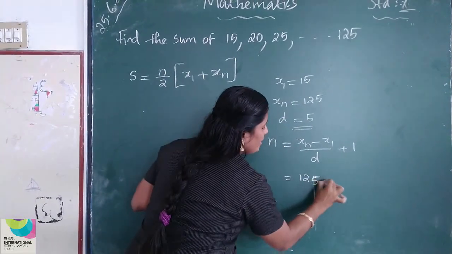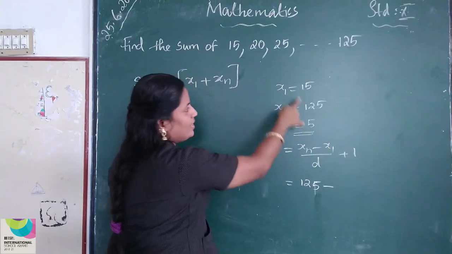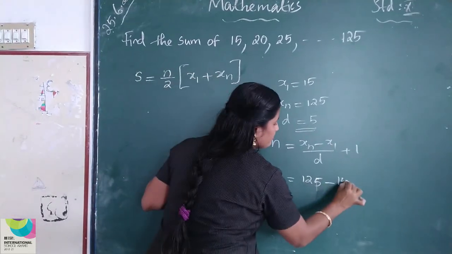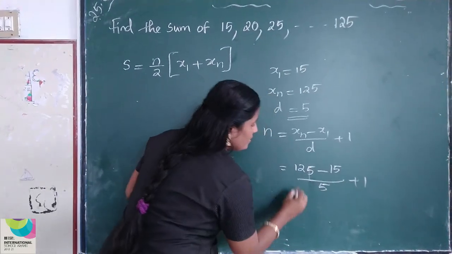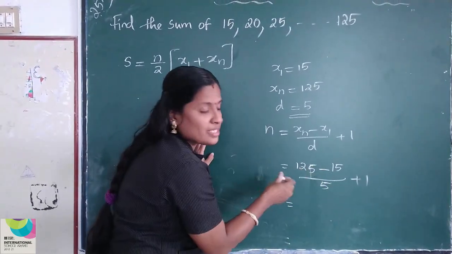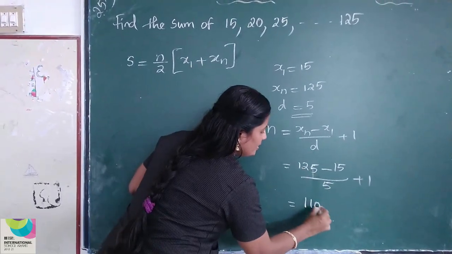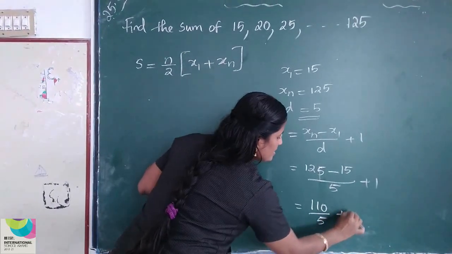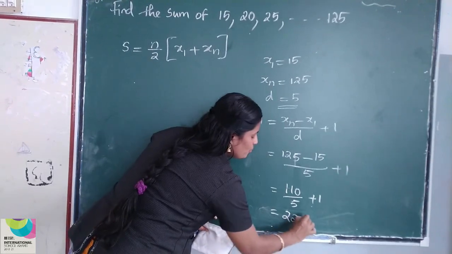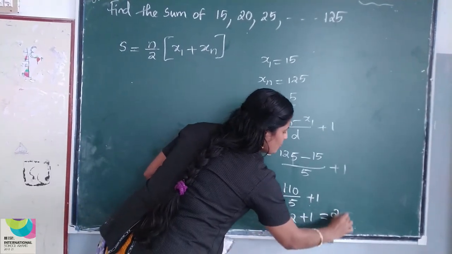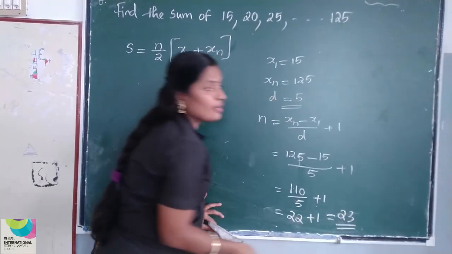So what is xn? 125. 125 minus x1, x1 is 15, by 5, plus 1. So 125 minus 15 is 110. 110 by 5 is 22, plus 1 which is equal to 23.